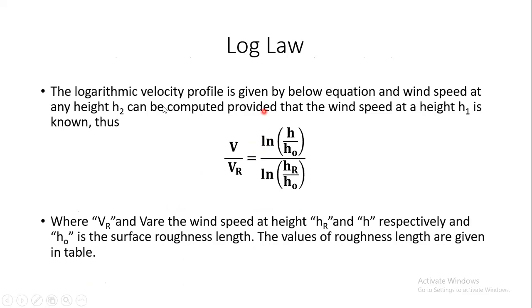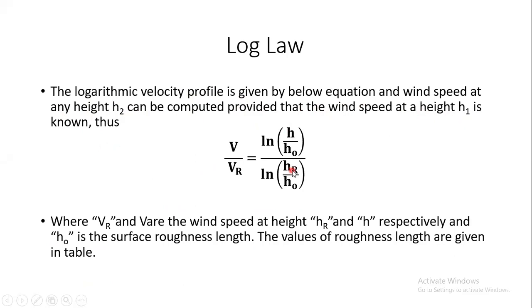Coming to the log law, the logarithmic velocity profile is given by the equation below, and the wind speed at any height h2 can be computed provided that the wind speed at height h1 is known.